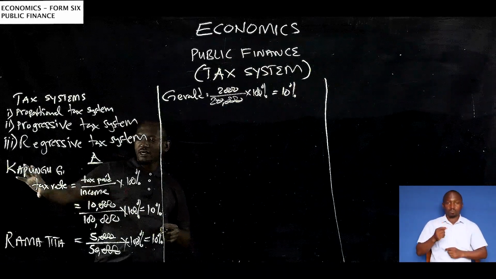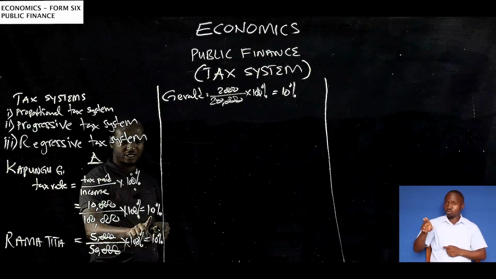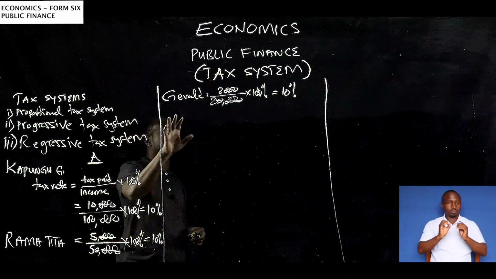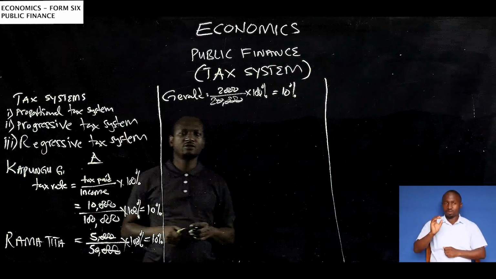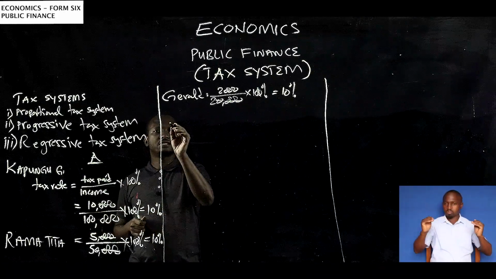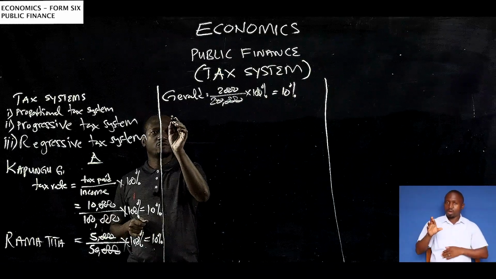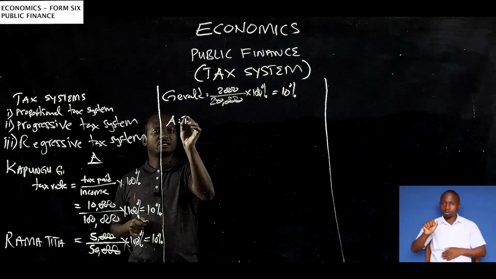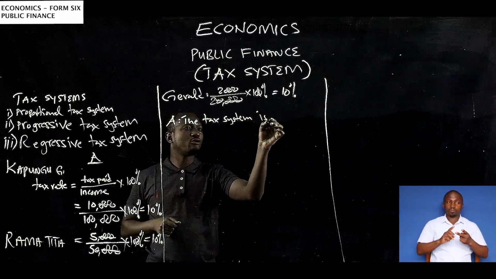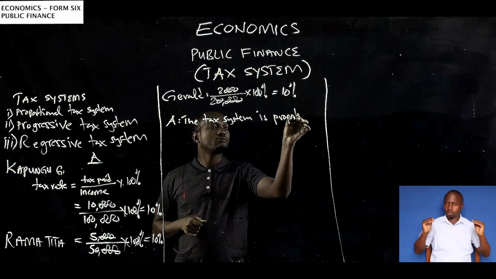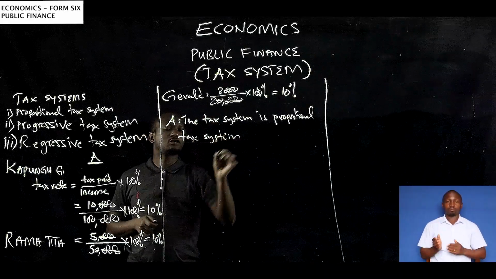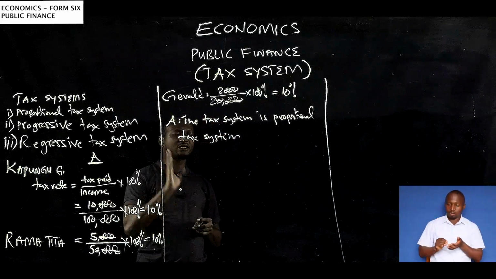So we see here, Kapungu G tax rate is 10%, and Ramatita is 10%, and Gerard is 10%. So all of them are taxed the same. This is proportional. So at A, the tax system is proportional, because all of them are taxed the same.